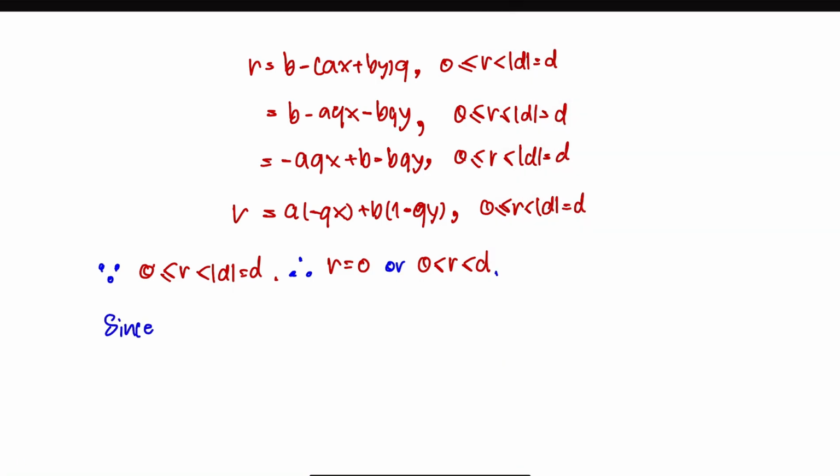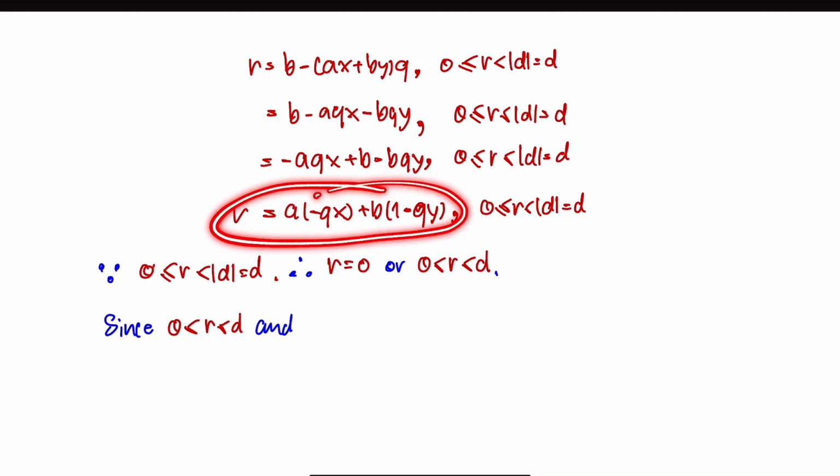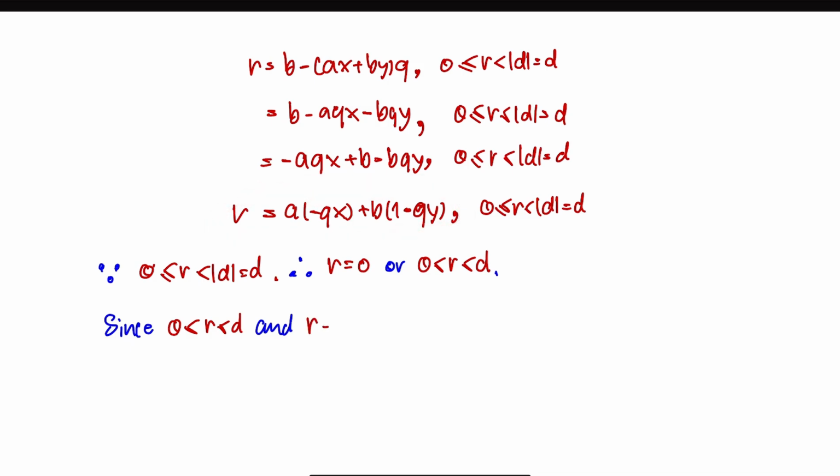Suppose r is greater than 0 and less than d, and our r is a times minus q x plus b times 1 minus q y. This term is an integer. This term is also an integer, right? Minus q x is an integer, 1 minus q y is an integer. Then what happened to this r? This r is in set X.